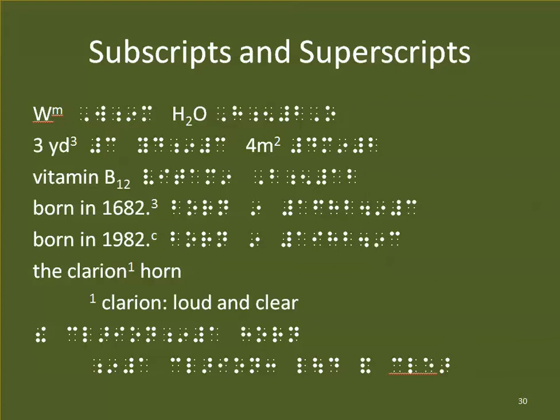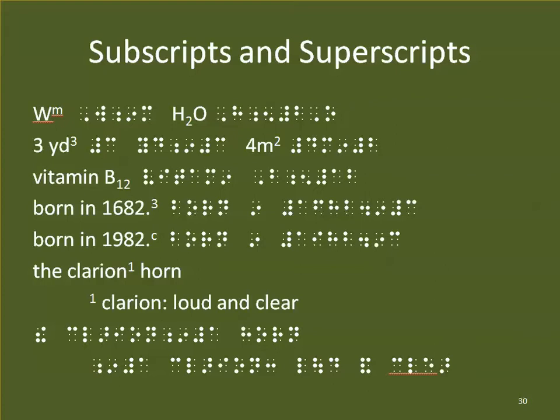And for square meters, same thing. But in this case, we have 4, and then M, and then we don't need the superscript, the grade 1 indicator there, because we're still in grade 1 mode. There aren't any spaces there. So numeric mode is terminated with that M, but grade 1 mode is still in effect.